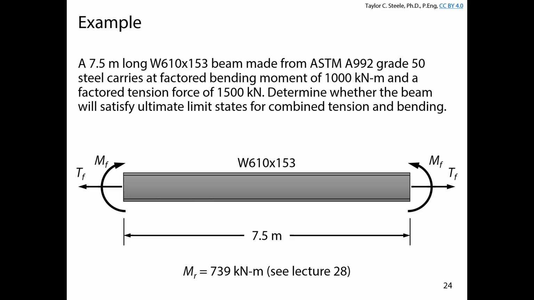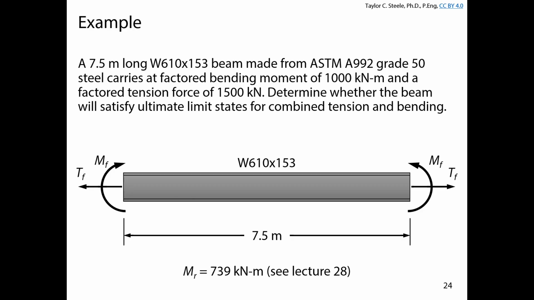Why are we using this? Because CSA S16 tells us to, for class 1 or 2 sections, when checking the lateral torsional buckling stability of our beam, we use this equation where we're using Z to calculate moment resistance because it's a class 1 section. Again, we have no weak axis bending, and so we have MFX over MRX minus TF Zx over MRX A has to be less than or equal to 1.0.